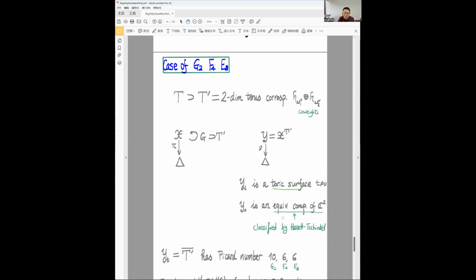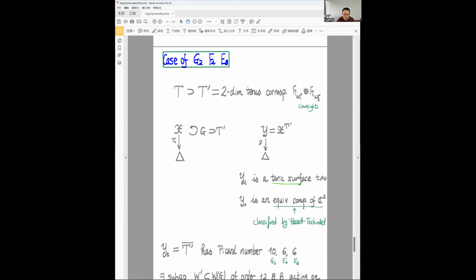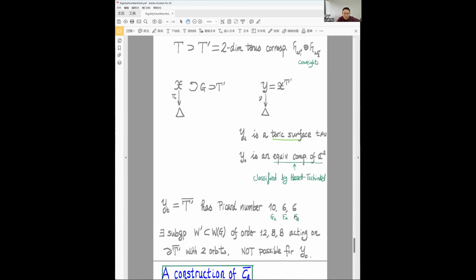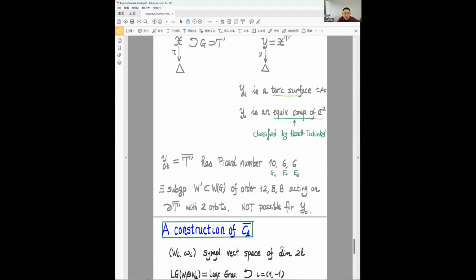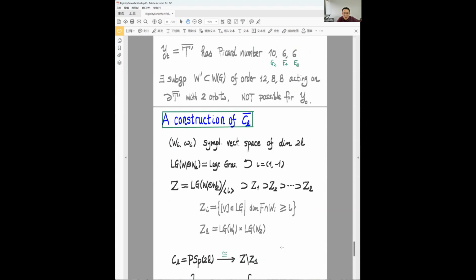Then we really study this toric surface in much detail, and show this is not possible. And then the only remaining case is type C.